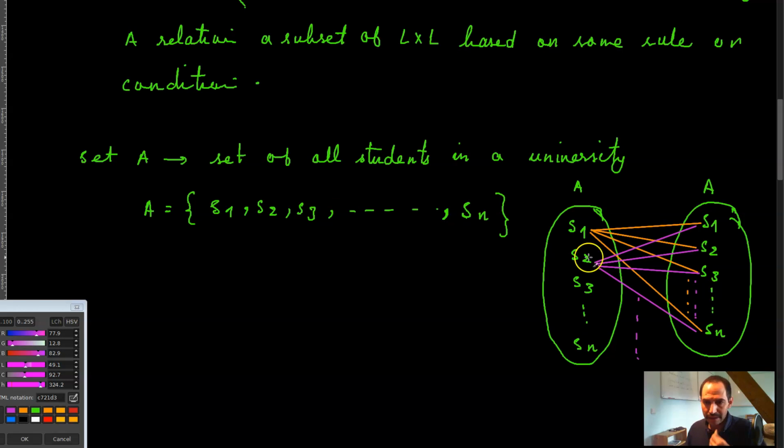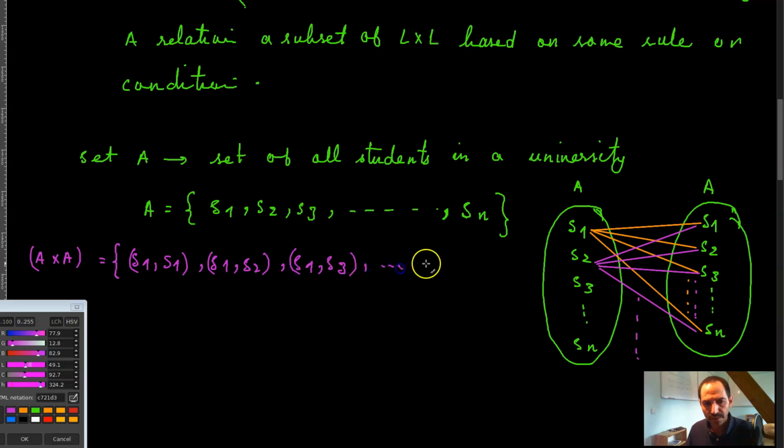So as you can see in this particular case, the Cartesian product of A and A would be basically S1 with S1 and S1 with S2 and S1 with S3, all the way up to S of 1, comma S of n.